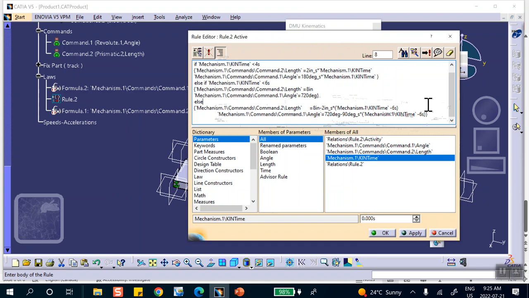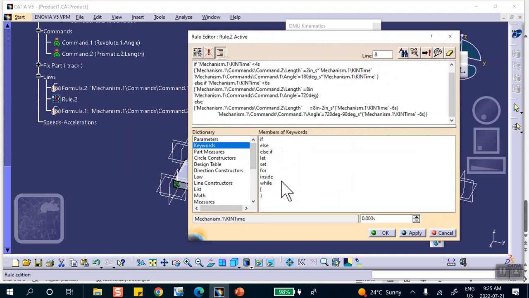Everything else, keywords, let's check the keywords here. Else looks okay. I don't see anything obvious that's wrong.